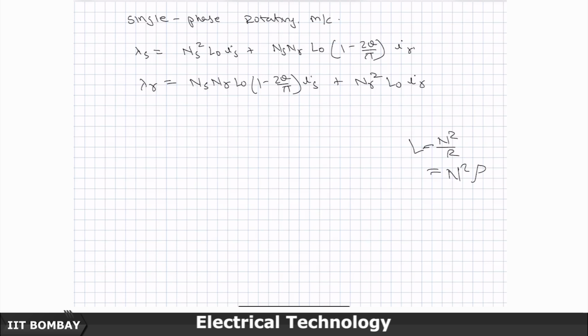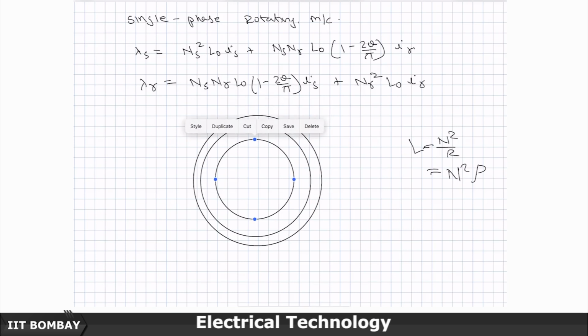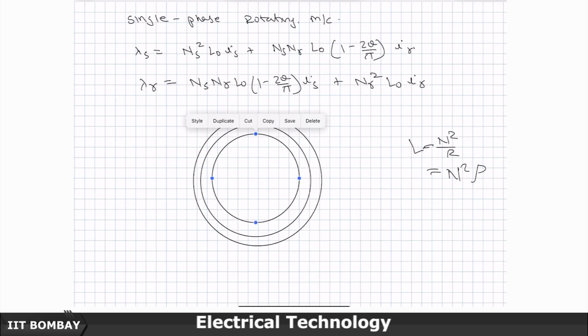So, what we do, and I think I have done this earlier also, is we distribute the winding. So, let us say this is my... let me increase this, the air gap is uncomfortably big. No, this is okay.